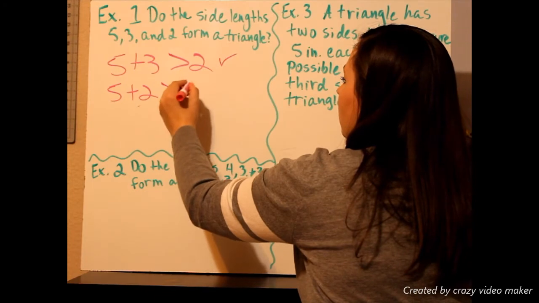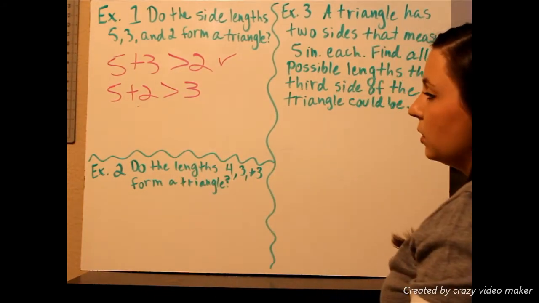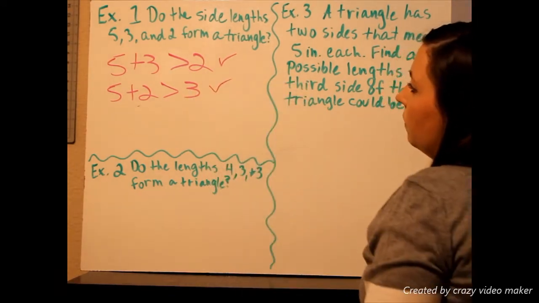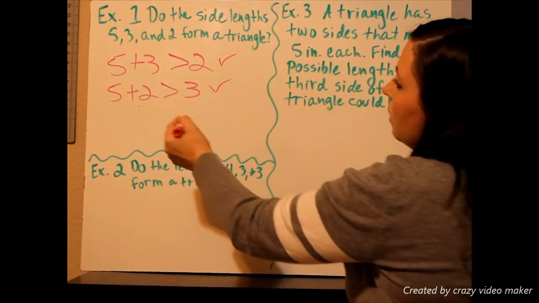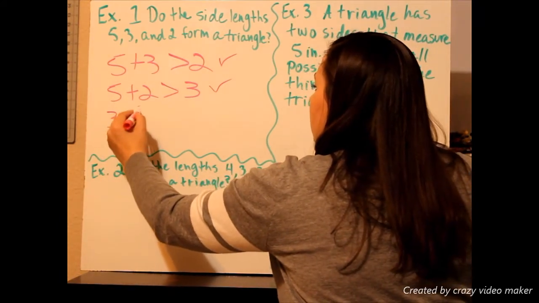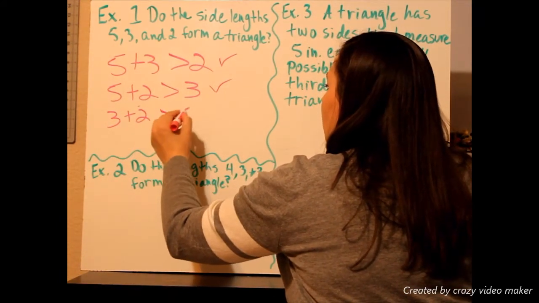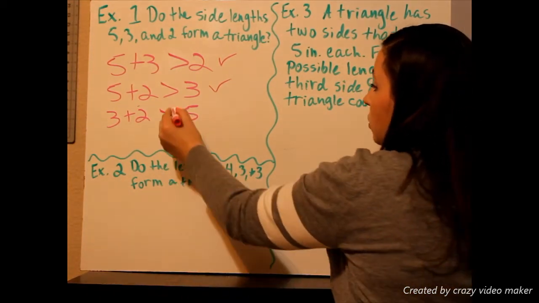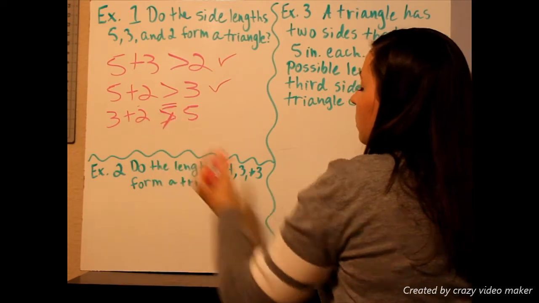Okay, 5 plus 2. Is that greater than 3? Well, 5 plus 2 is 7. 7 is greater than 3. So that is true. And now we're going to look at 3 and 2. So 3 plus 2, is that greater than 5? No. 3 plus 2 is actually equal to 5.